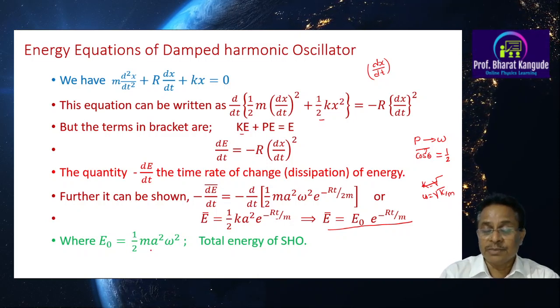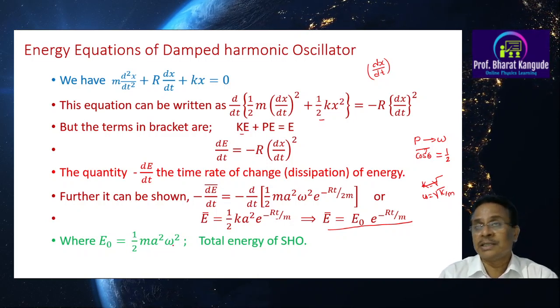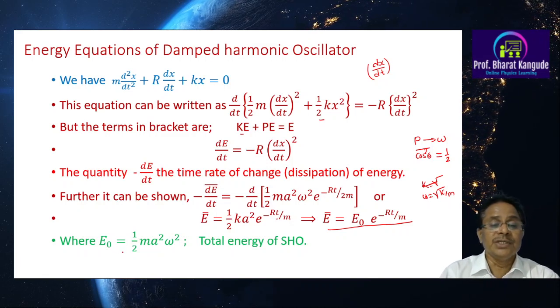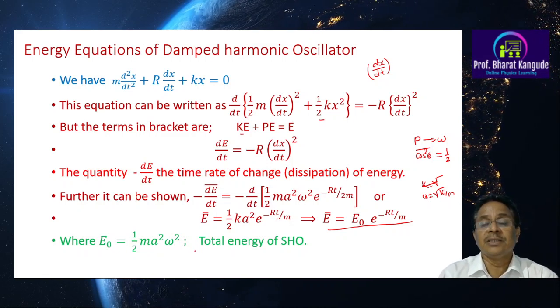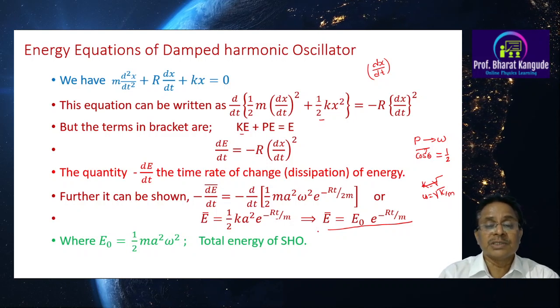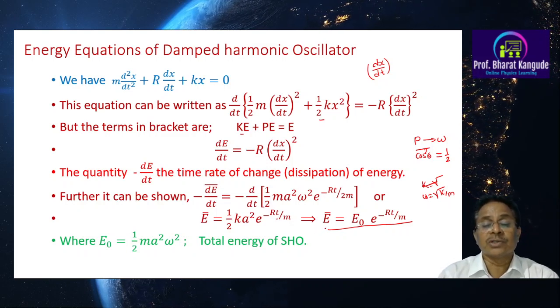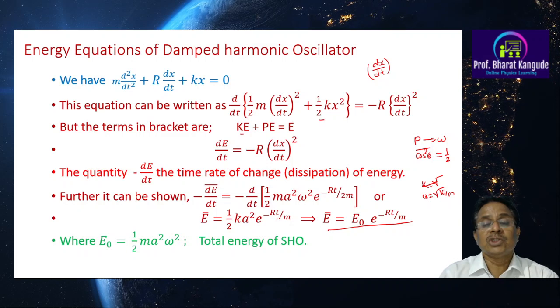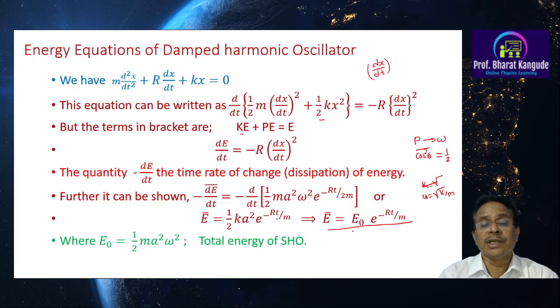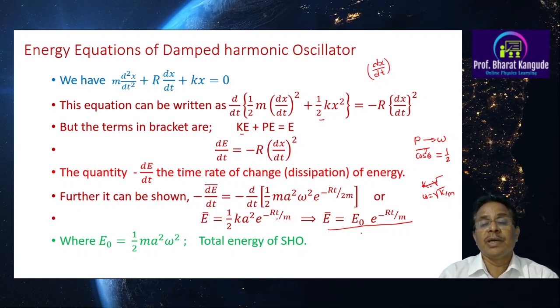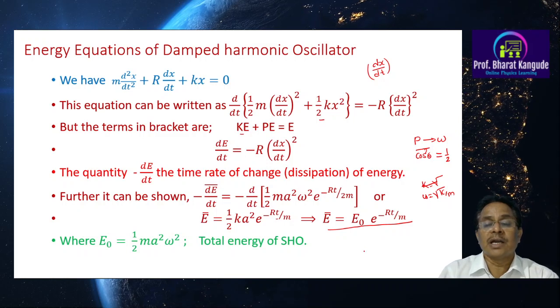Note that for a simple harmonic oscillator, everything on the right hand side is constant. Therefore this E0 is constant, and that is the maximum. But in case of the damped harmonic oscillator, the average energy goes on reducing as per this formula, E0 into e raised to minus rt upon m.